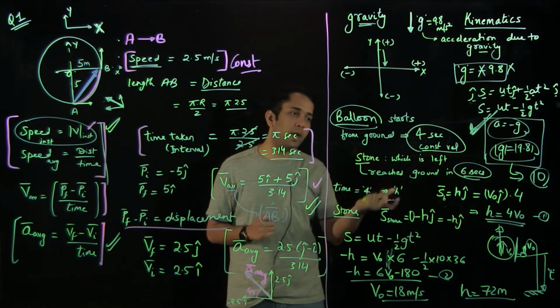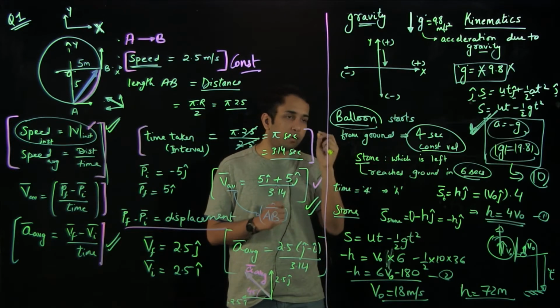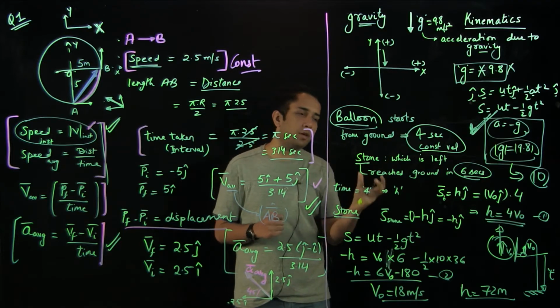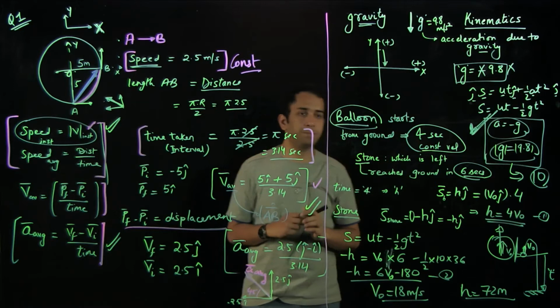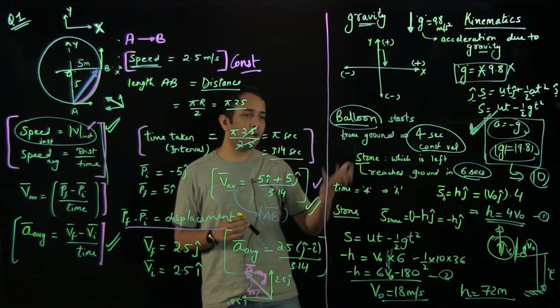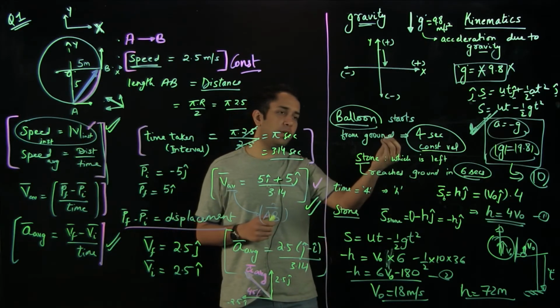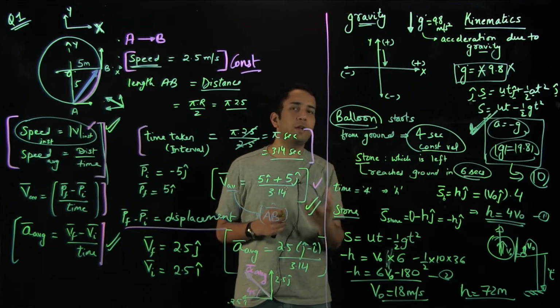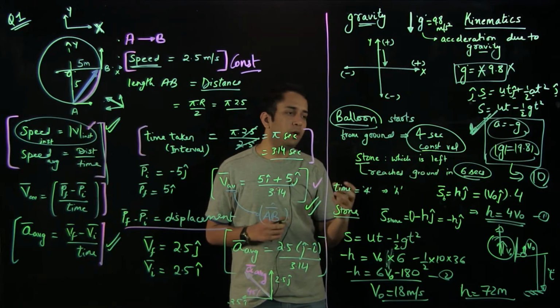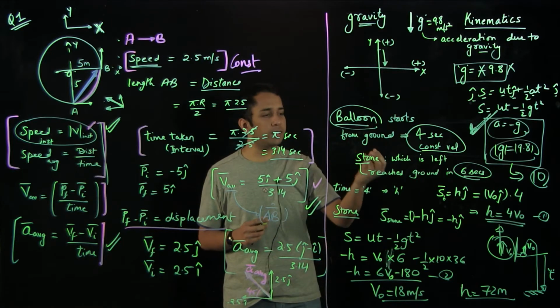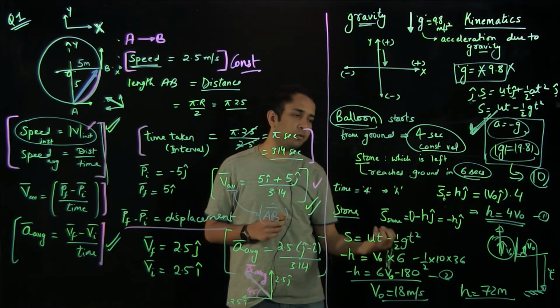The stone also had that constant velocity for that initial moment. So the initial velocity of the stone was the same as the velocity of the balloon. Once the stone was left from the balloon, the acceleration due to gravity acted on it in the downward direction, making it lose its initial velocity in the upward direction and then come downwards towards the ground.